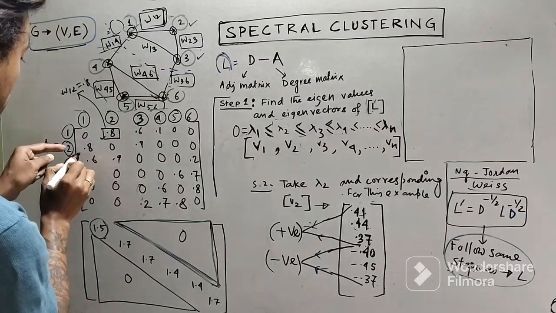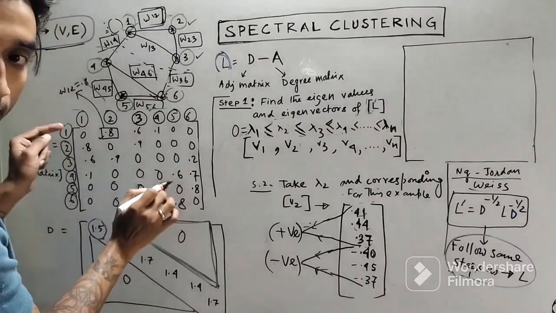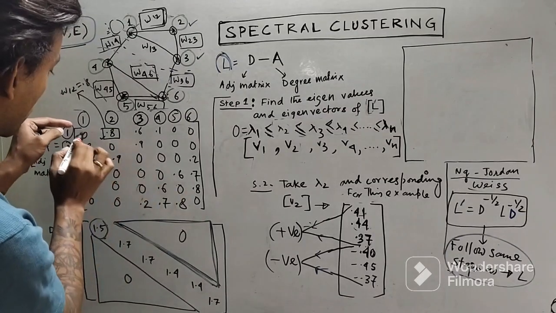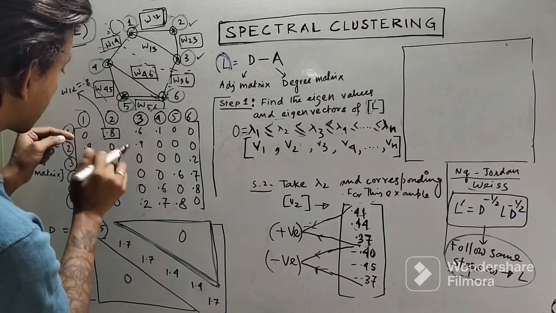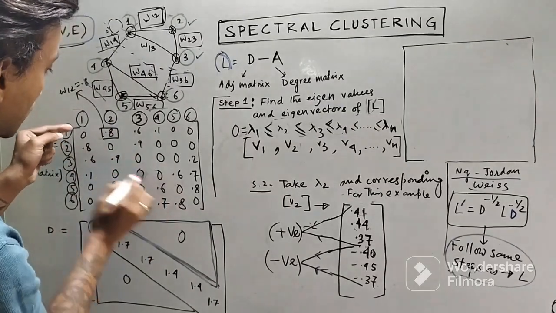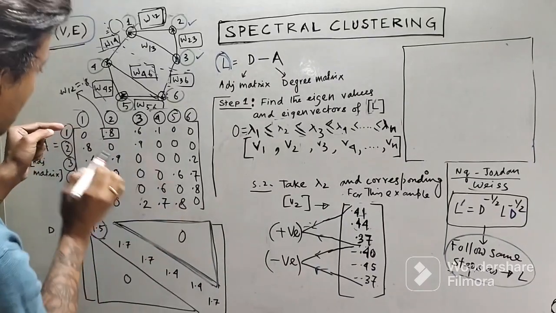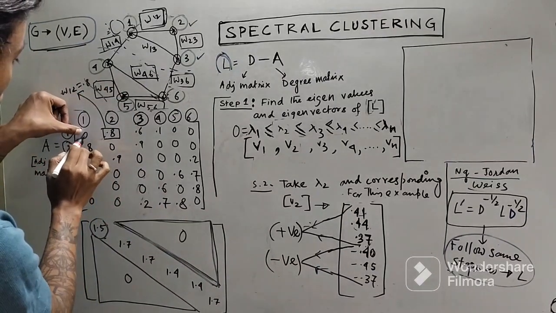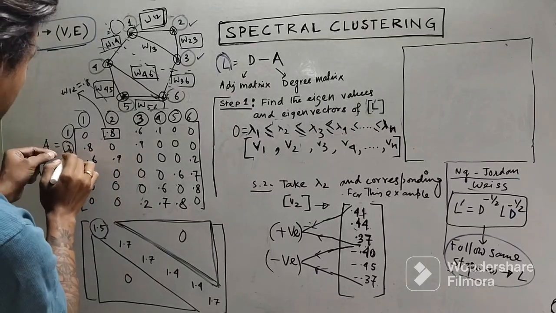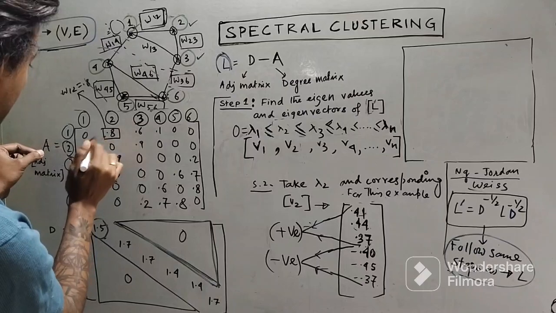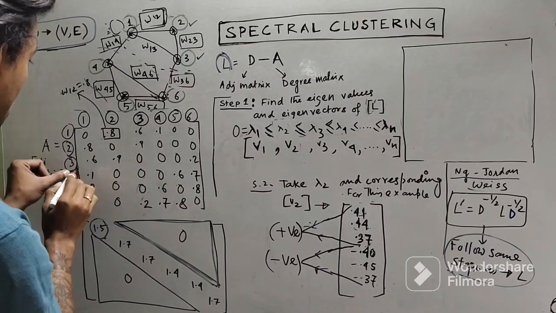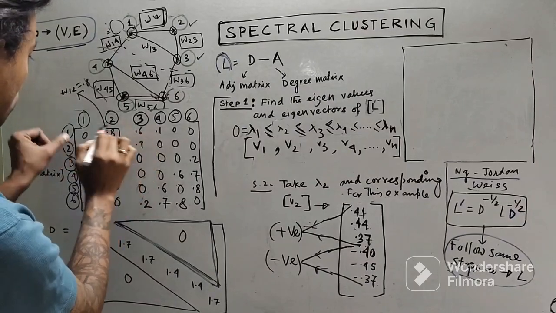This matrix of the graph structure is called the adjacency matrix, and all the diagonal entries will be 0. This is a symmetric matrix. The connection between 1 and 2 is the same as between 2 and 1, and the connection between 1 and 3 is likewise symmetric.